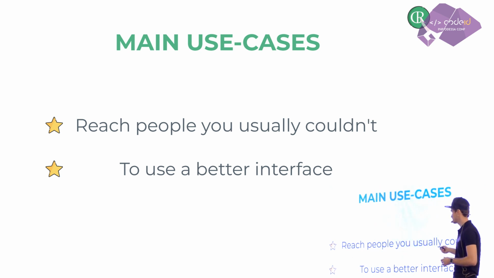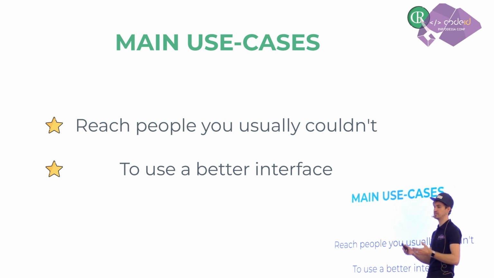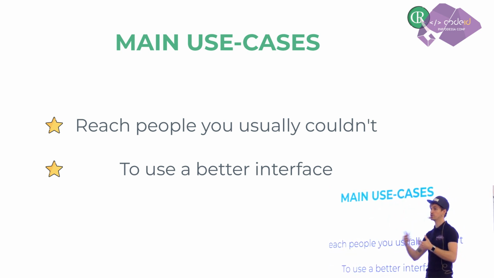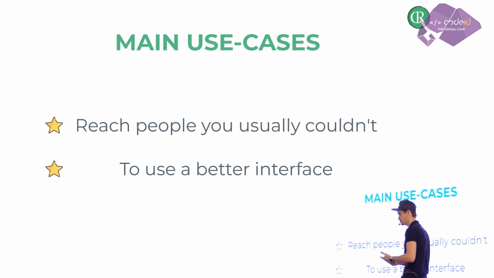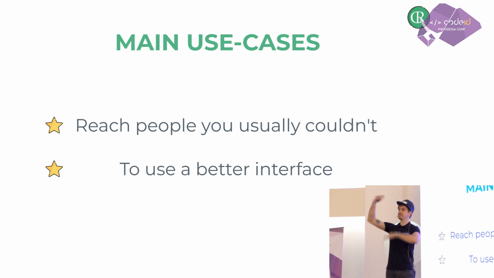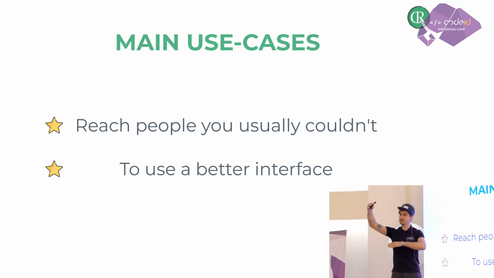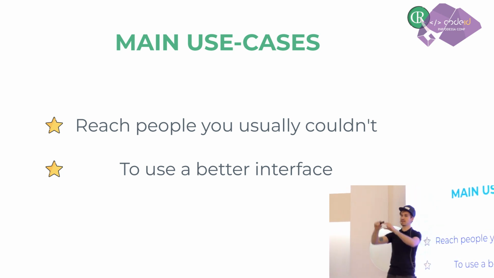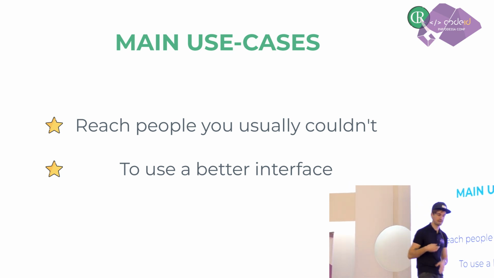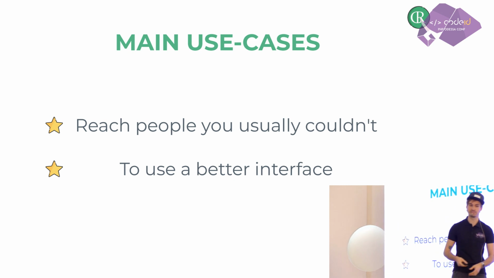And on the other hand, it's good when you want to use a better interface for your need. The chat interface is a conversational interface where you have to talk to the user, and it's quite different from a website. A website is like, here's everything I have, try to find the one piece of information you need. And a chatbot is like, tell me what you want, and if it works, then I can provide you directly with this information.